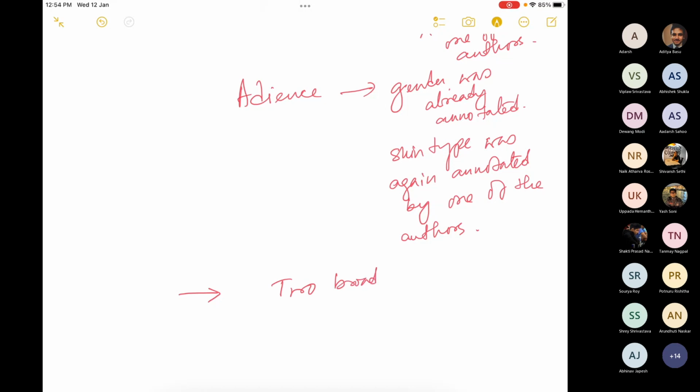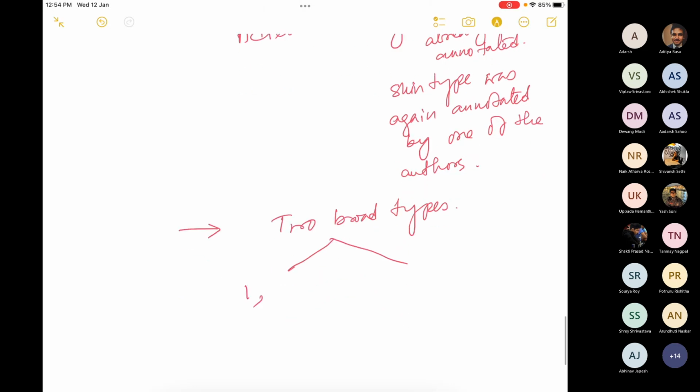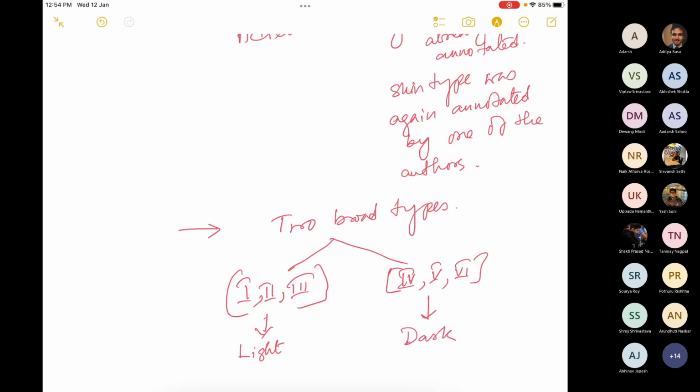The three skin types 1, 2, and 3 that I showed you were aggregated into light, and 4, 5, and 6 were aggregated into dark.